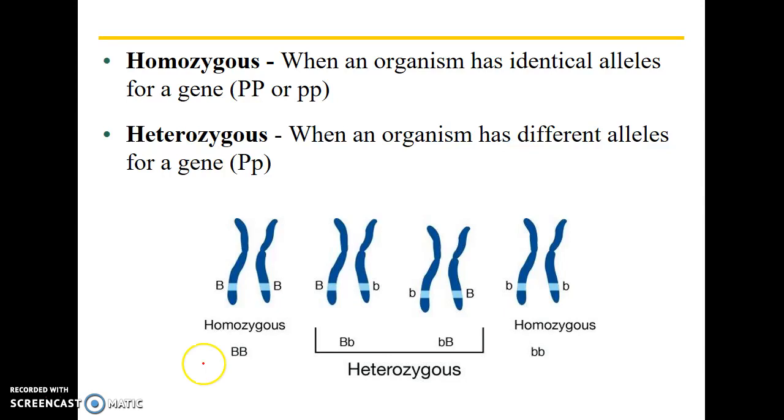If an organism is heterozygous for a particular allele, then that organism has different alleles for a gene. So for example, again, if we're looking at homologous chromosomes here, homozygous big B, homozygous little b, heterozygous, in either order, you just have to have one of each, big B, little b.